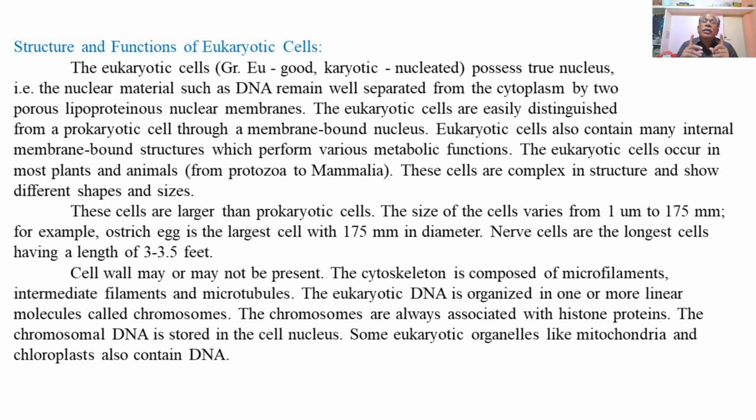Except ribosomes, all these membrane-bound structures are absent in the prokaryotic cells. So with the help of a definite nucleus and these membrane-bound structures or cell organelles, we can distinguish the prokaryotic cells from the eukaryotic cells.